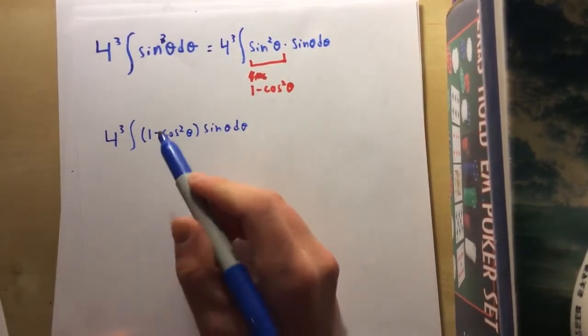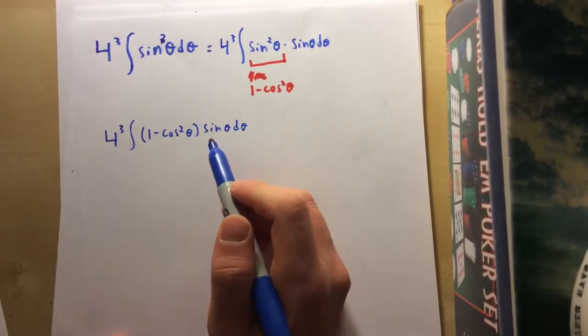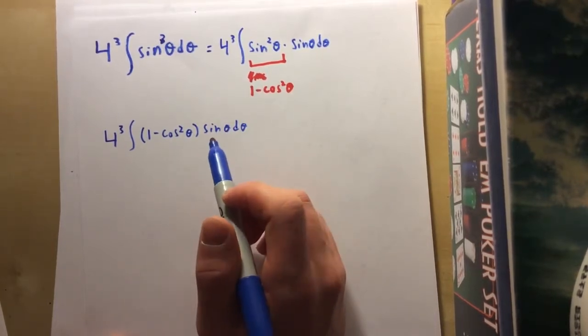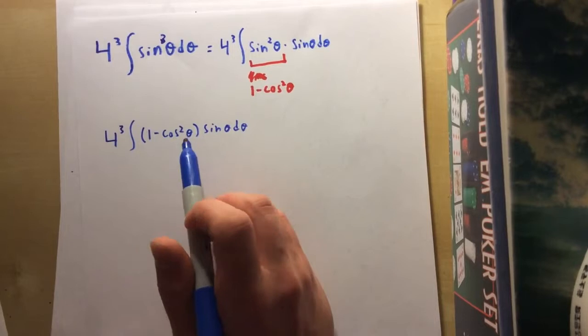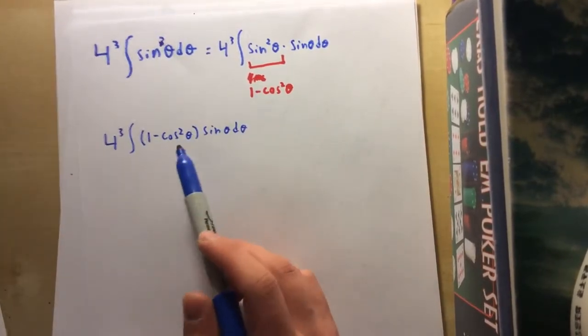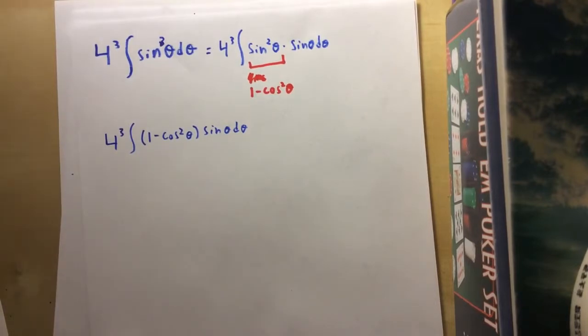And this is good because we got a cosine theta and a sine theta in the same expression. And you can use a u sub when you have a function and its derivative, because the derivative of negative cosine is sine, and of sine is cosine.